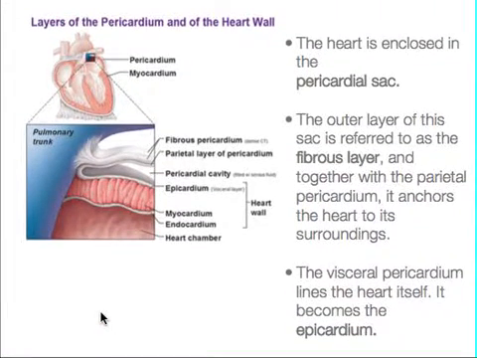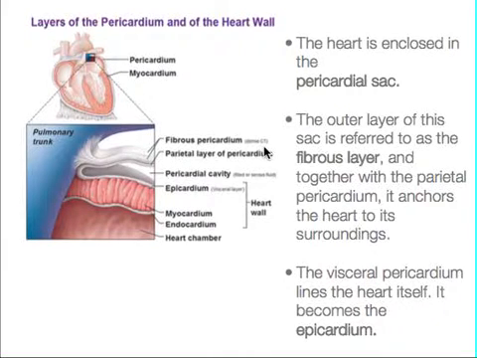So let's go from the outside inward to the heart, to layer what makes up the layers of the heart. On the outside is the pericardial sac, a bag that the heart is sitting in.